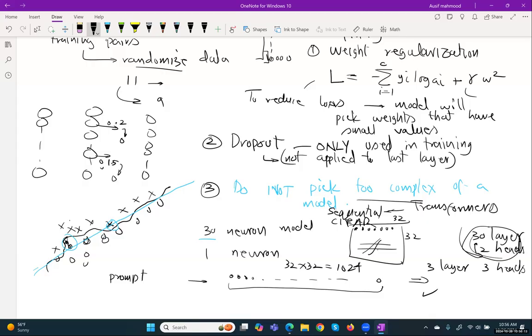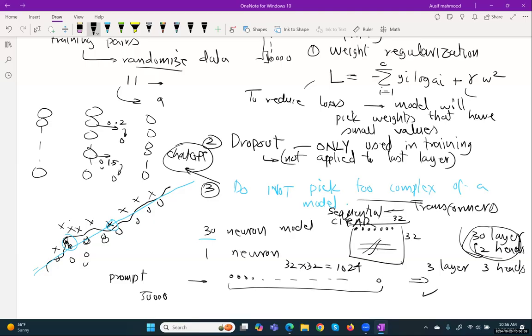Now, let me also mention this: for ChatGPT, where we are looking at a huge amount of data, bigger is better because the data is so large that even our biggest models as of today will not overfit. But like I said, CIFAR-10 is only 50,000 training data.